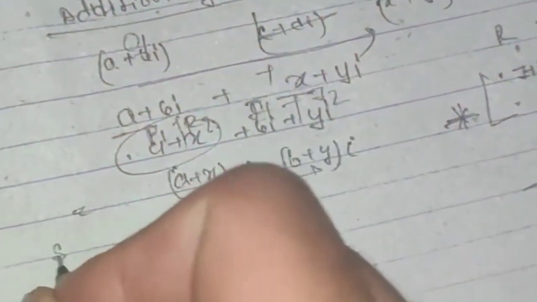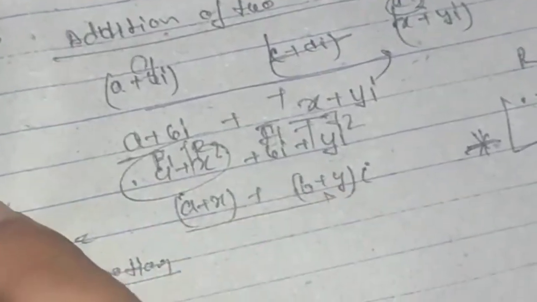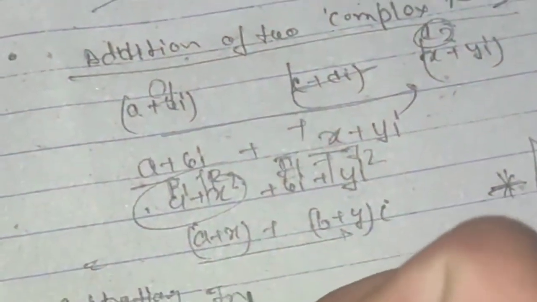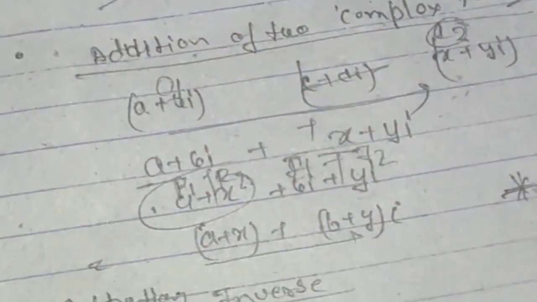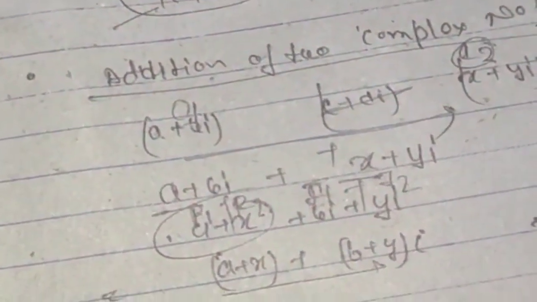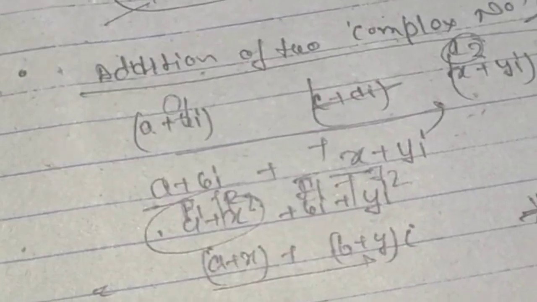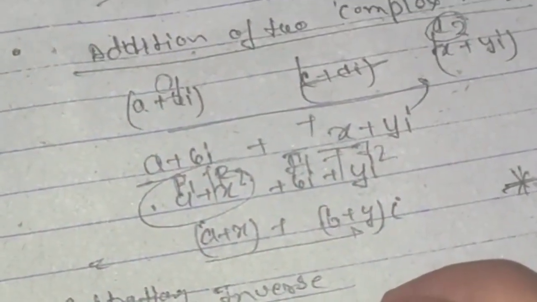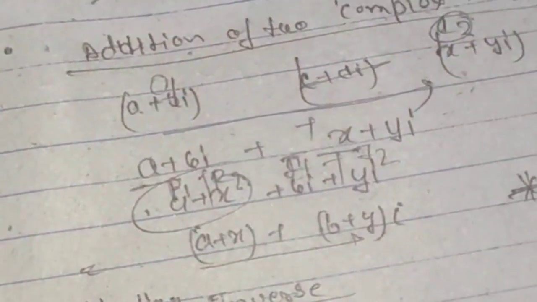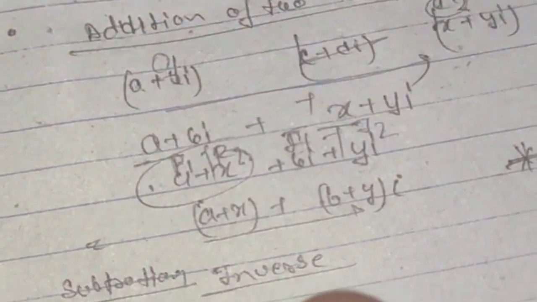Okay. Now subtraction. Okay, subtraction. It is the inverse, nothing but the inverse of addition. Means, this a plus b iota is the complex number. Can you think how the complex numbers are made? Simple idea: we have a complex number, this, and another complex number, this.